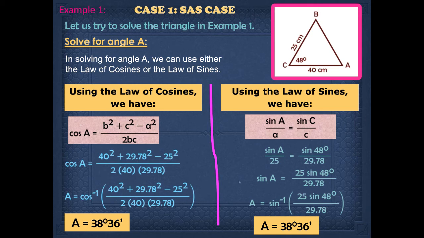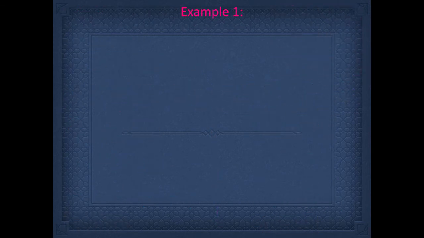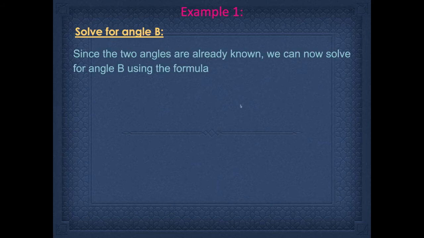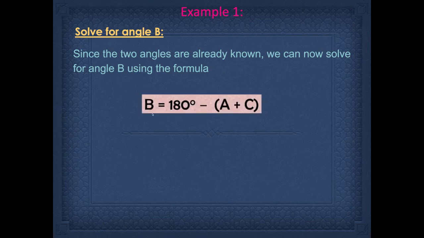Now let us solve for the other missing angle, which is angle B. Since the two angles are already known, we can solve for angle B using the formula B equals 180 degrees minus the quantity A plus C, or B equals 180 degrees minus A minus C. By substitution, replace A by 38 degrees, 36 minutes, and replace angle C by 48 degrees.